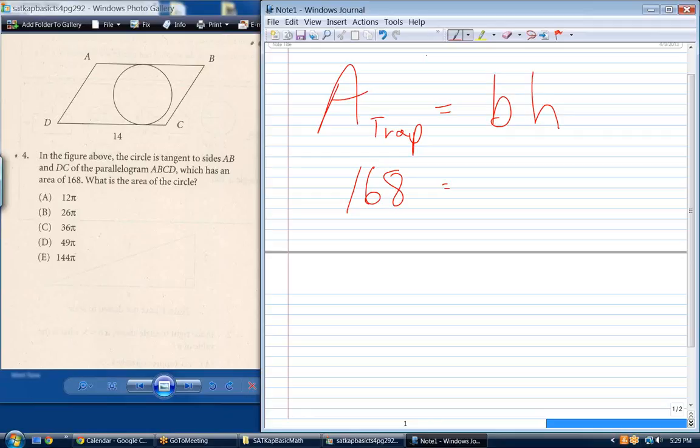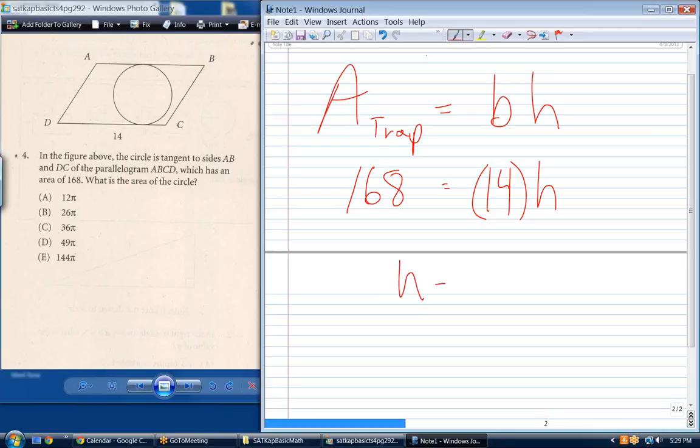If you look at the picture, DC is 14 and AB is 14. So DC is the base. Hold on one second. Go ahead. Okay, so we fill in what we know, which is the area and the base, and that allows us to solve for height.